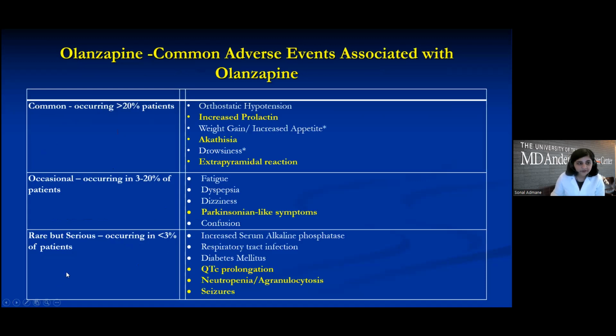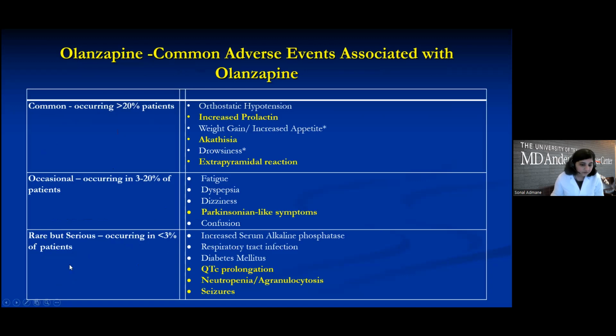Some of the side effects that we need to keep in mind are extrapyramidal symptoms, and the most common one we see is akathisia. So we give patients a warning before that they could experience restlessness or agitation, and if they do experience these symptoms, we just discontinue and then substitute it with another antiemetic agent.